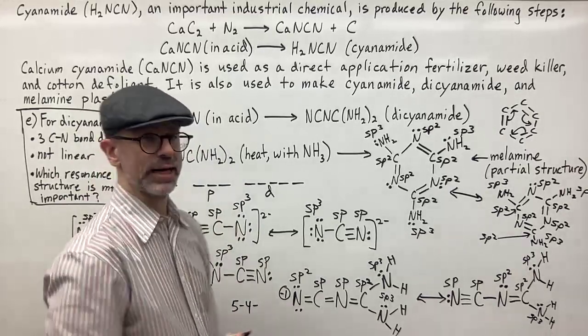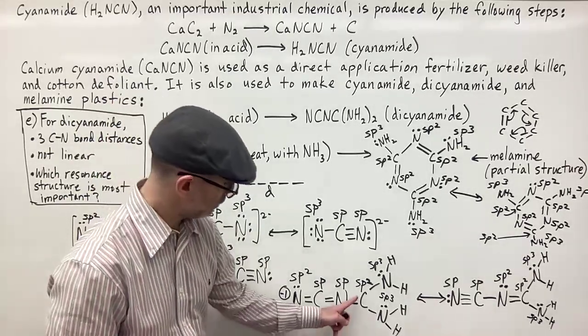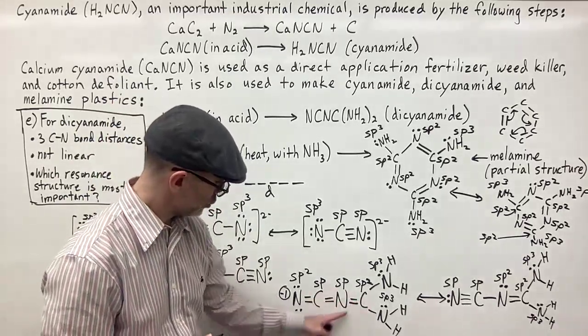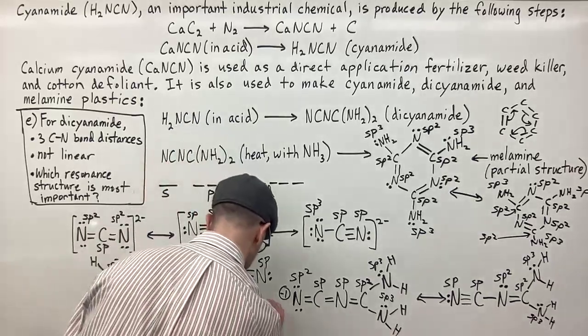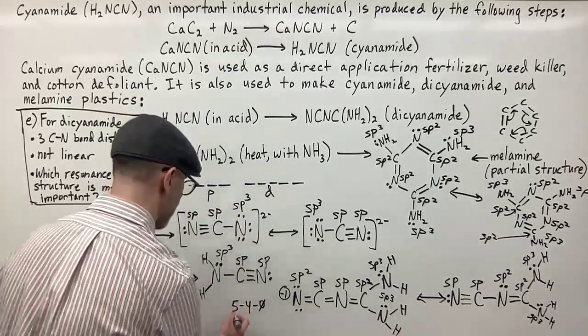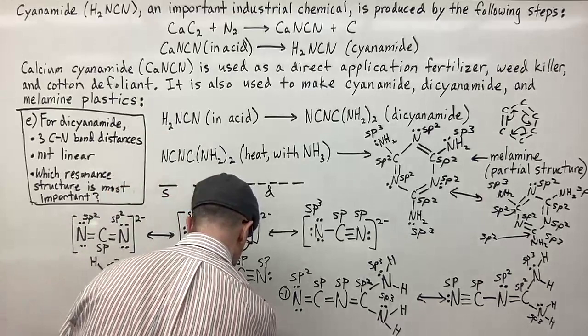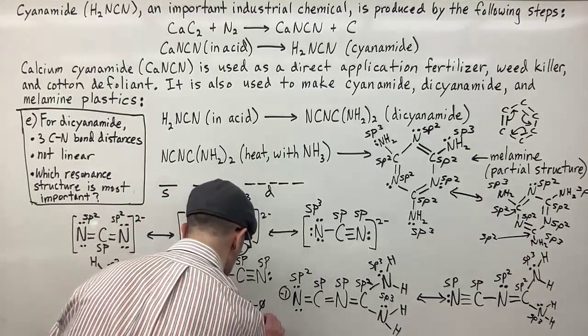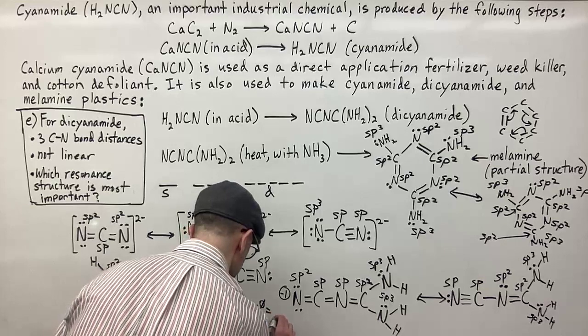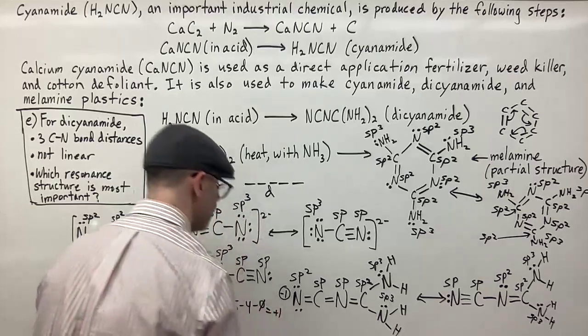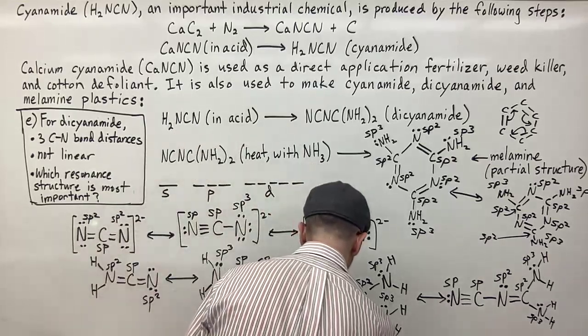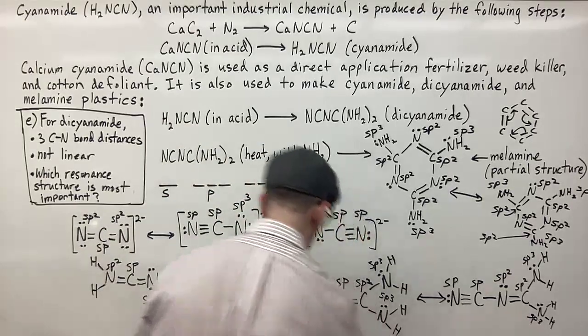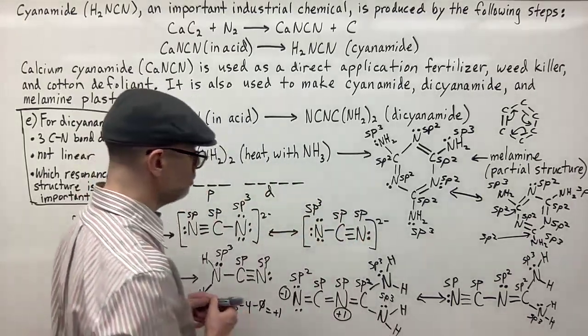And then I'm going to subtract out the lone pairs, but I don't have any lone pairs on the nitrogen. So that's a 0. So 5 minus 4 is going to be equal to a positive 1. So this nitrogen has a +1 formal charge.